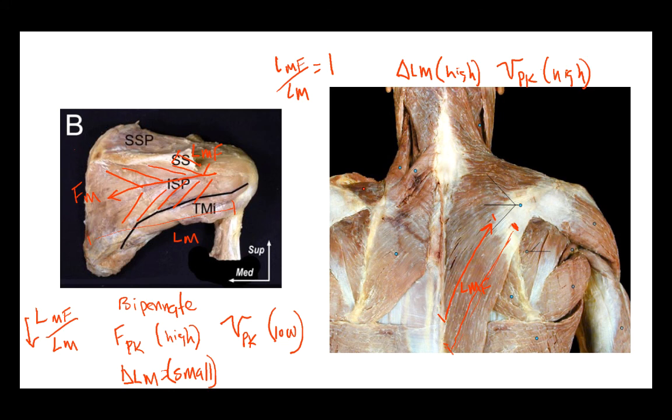And then its ability to generate force, in this case, is directly proportional to its perpendicular cross-sectional area. So its physiologic cross-sectional area, which would be this cross-section here. So the PCSA, you can imagine in this case, is going to equal its peak force.